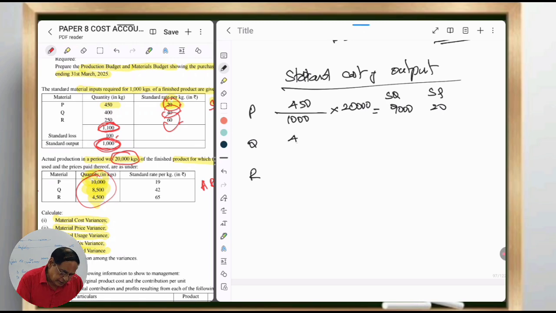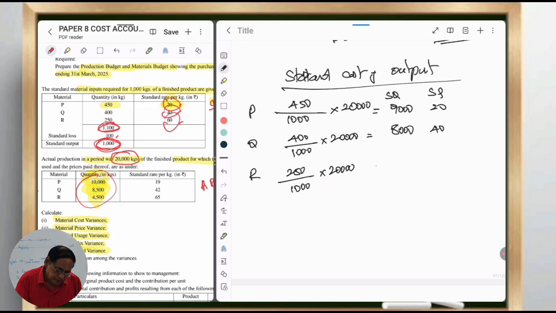Here also 400 divided by 1000 into 20,000, that is 8,000 quantity, at 40 rupees. Here also 250 out of 1000 into 20,000, so the quantity will be 5,000, at rate 60.